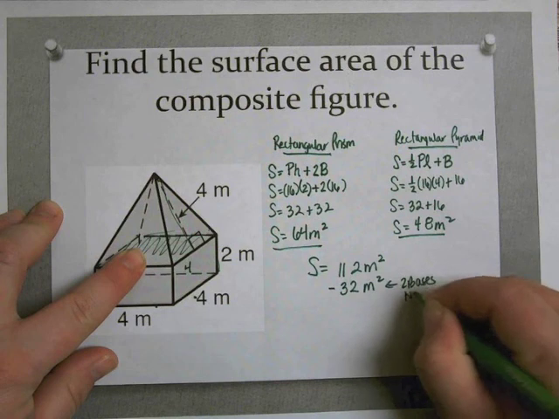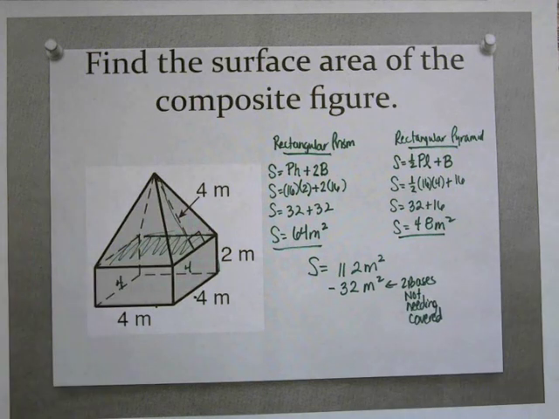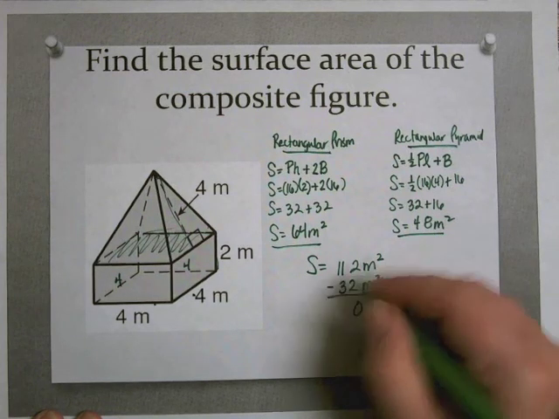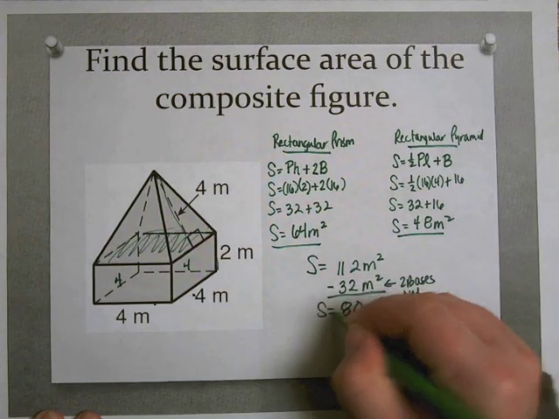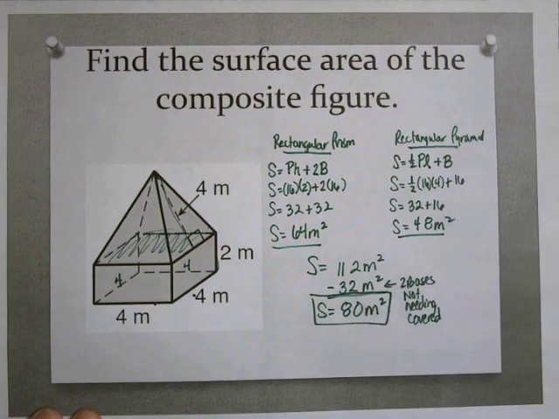That represents 2 bases not needing covered. So when we subtract that, we actually have a surface area of 80 meters squared, or 80 square meters.